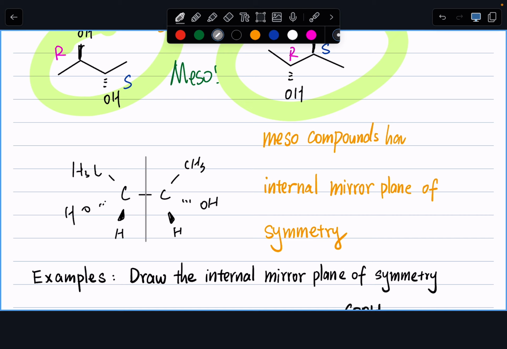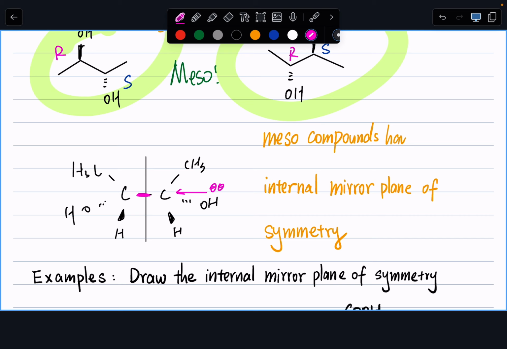We can also do it from the Newman projection, right? So if we look at the center bond, assuming we're looking through this center bond, these two, the methyl group and methyl group, are eclipsing each other. Oxygen, eclipsing each other. Hydrogen, eclipsing each other.